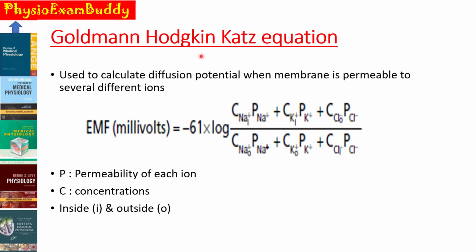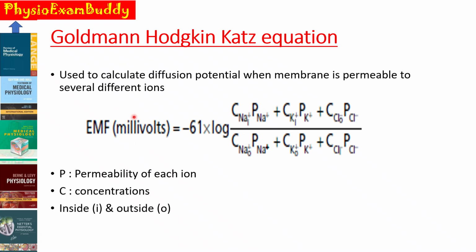The next factor causing the genesis of the resting membrane potential is the Goldman-Hodgkin-Katz equation, and it is used to calculate the diffusion potential when the membrane is permeable to several different ions. Please keep in mind that the Nernst equation is used when the membrane is permeable to only a single ion, but the Goldman-Hodgkin equation is applied when the membrane is permeable to different ions. And what is this Goldman-Hodgkin equation?